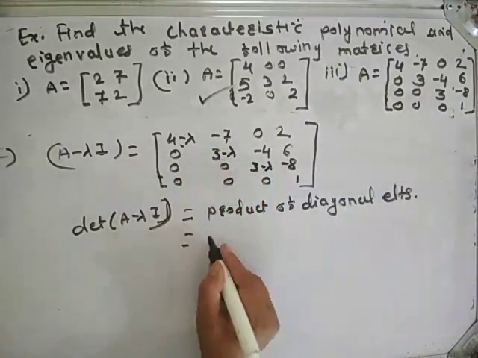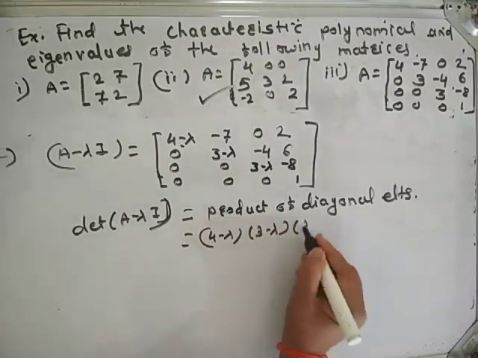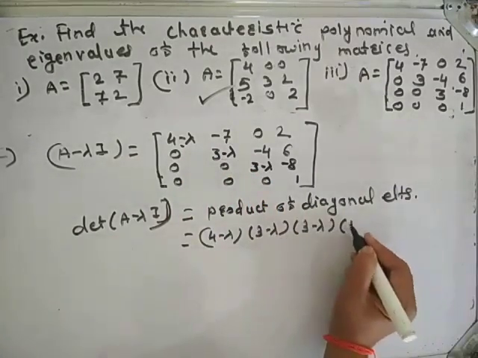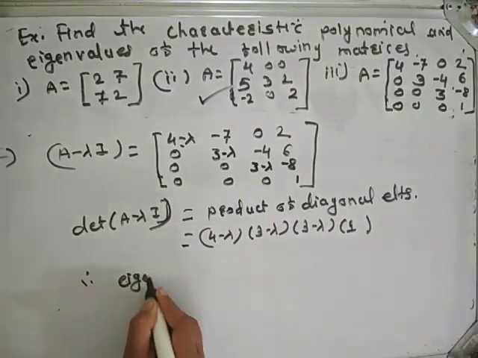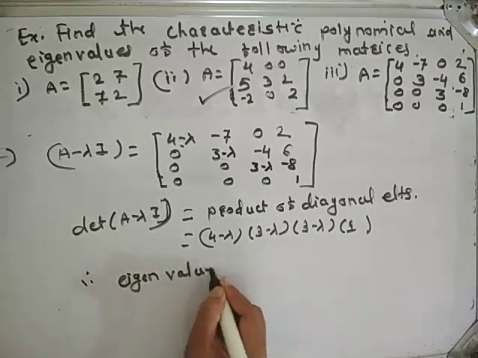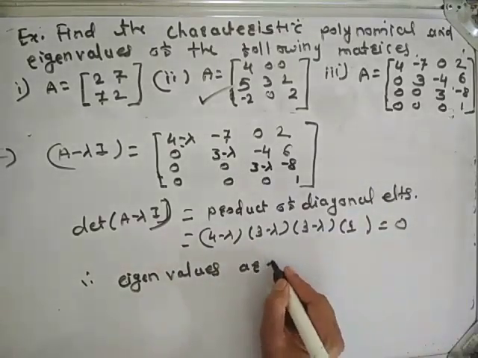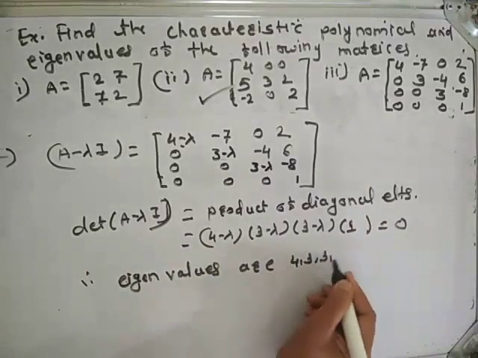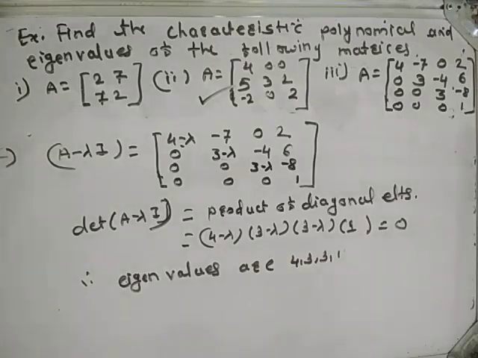So here the diagonal elements give 4 minus lambda into 3 minus lambda into 3 minus lambda into 1. Therefore, setting this equal to 0, the eigenvalues are 4, 3, 3, 1.